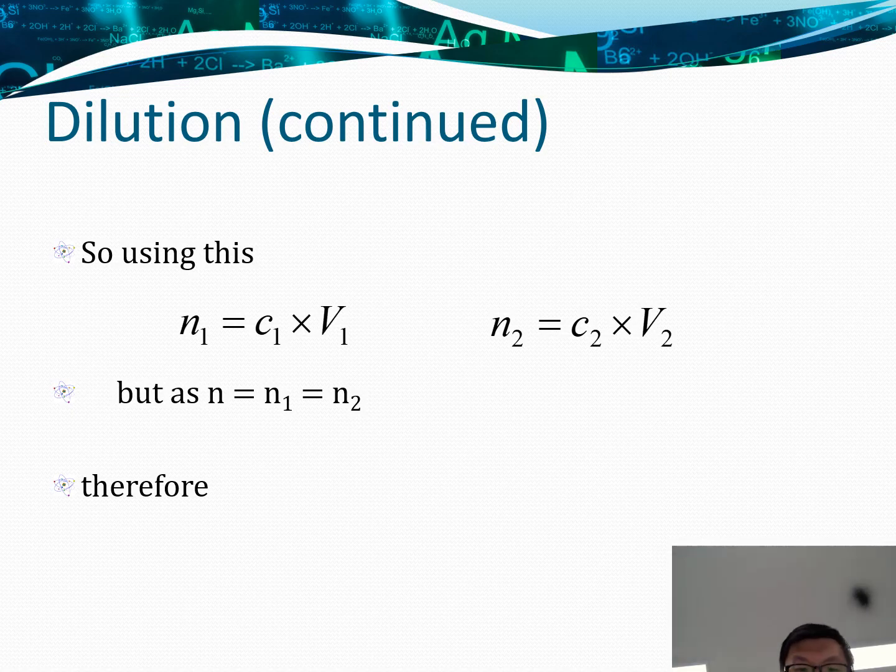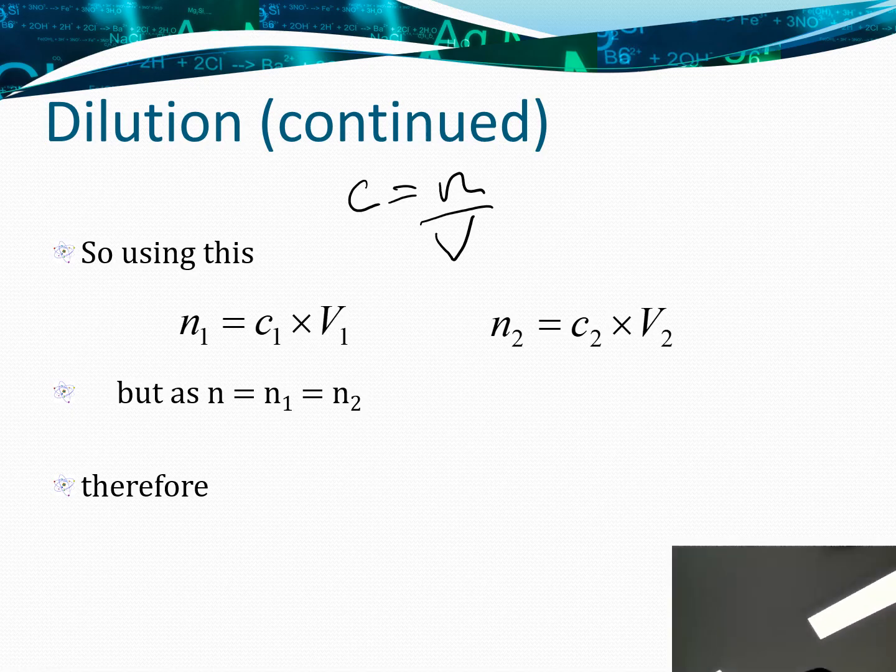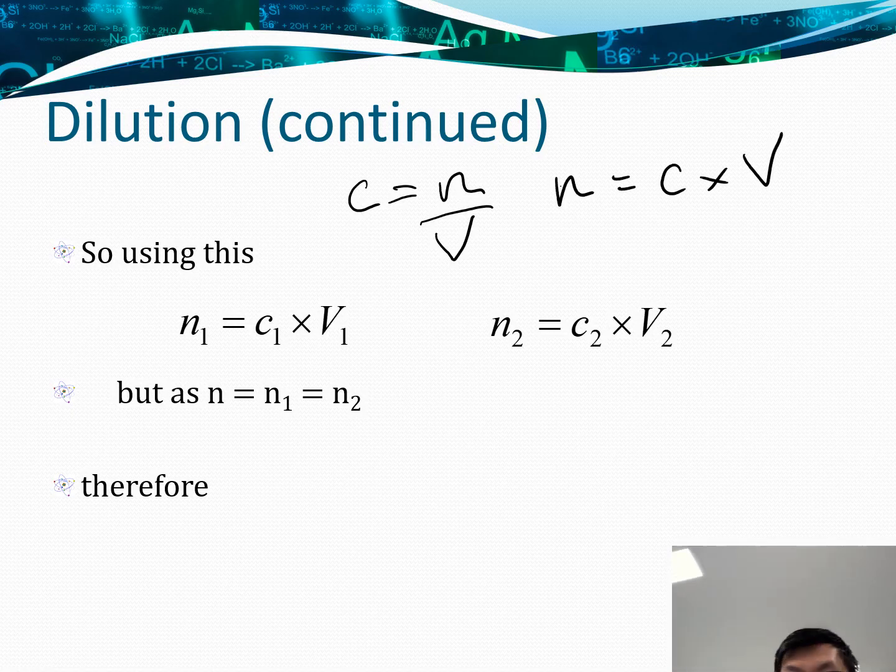So, here we go. Can we all agree that concentration is equal to number of moles over volume? That's what the formula says. If I rearrange the formula, I can rearrange it so that number of moles is the subject of the formula, where I get N equals C times V. Is that okay?